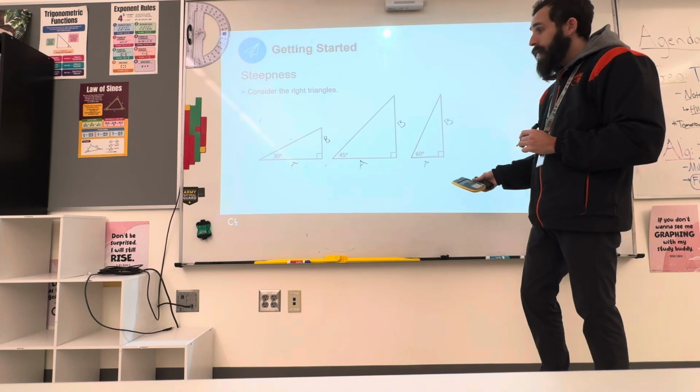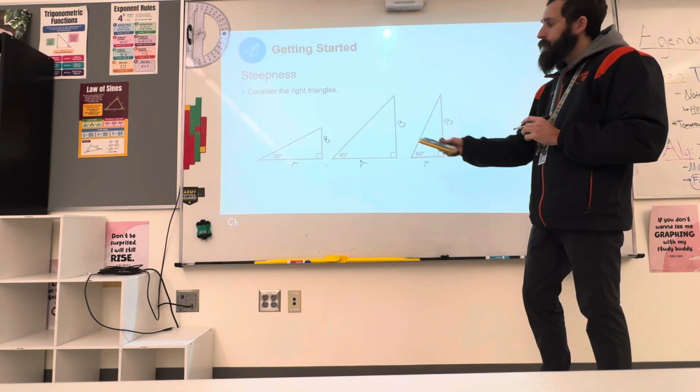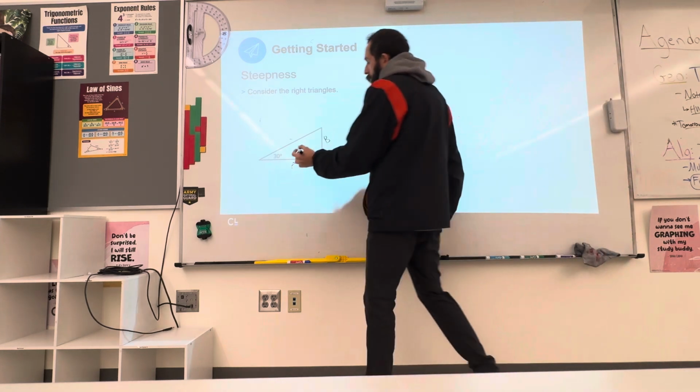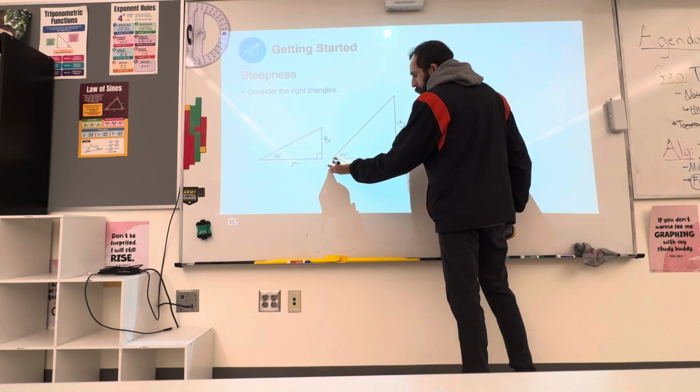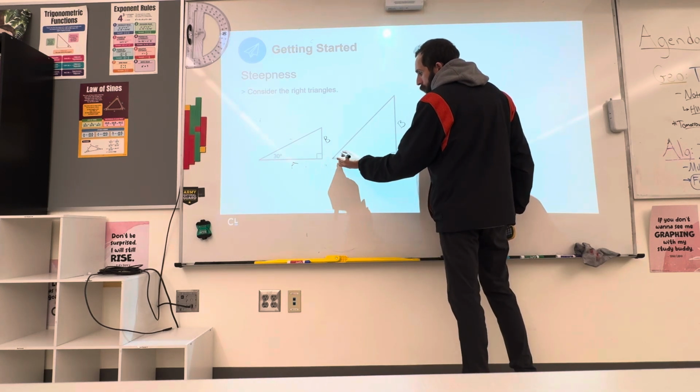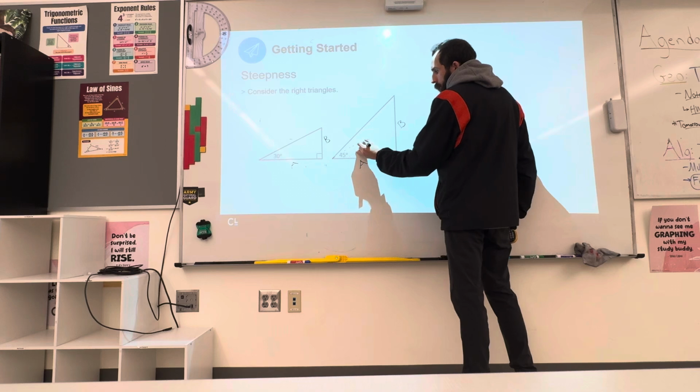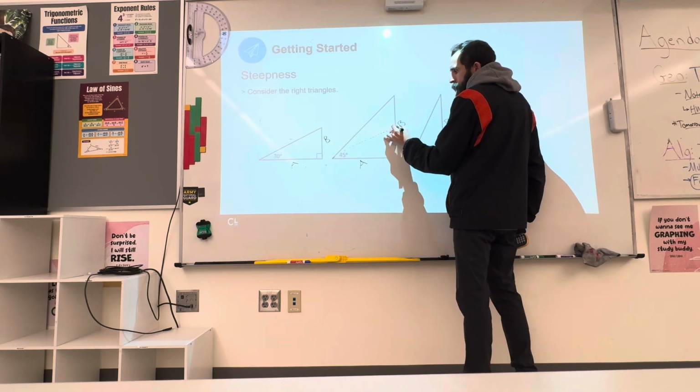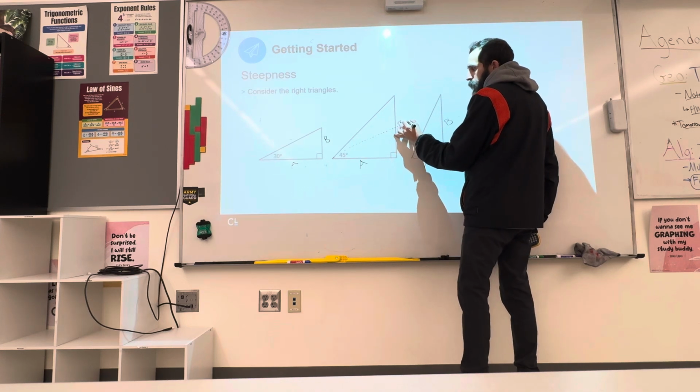Oh, it's getting bigger. Let's pretend that we keep the hypotenuse the same, and on one of these triangles, let's say this one, I'm going to make the hypotenuse the same, but it's going to have a much more flat angle.